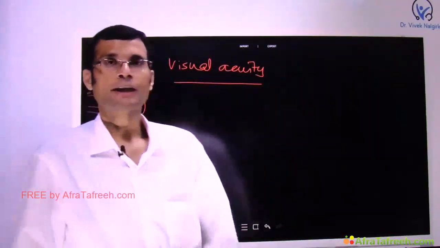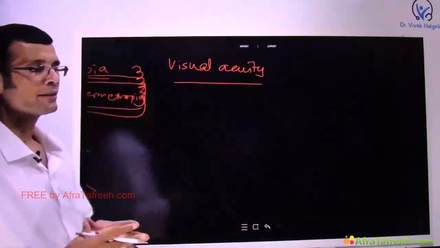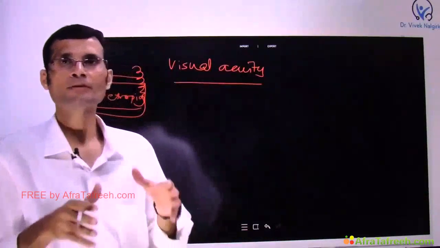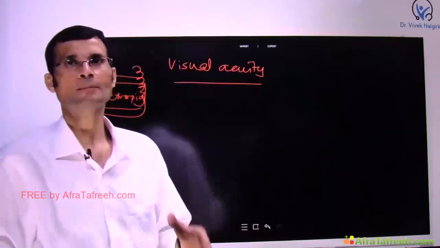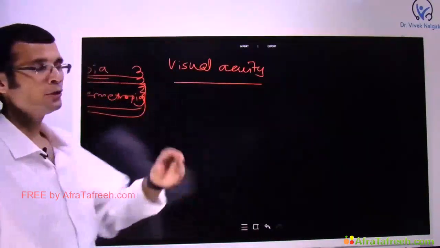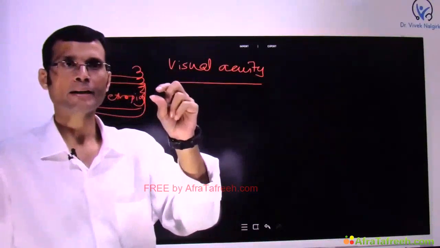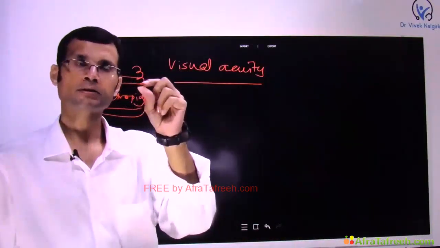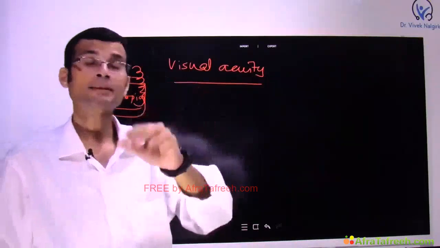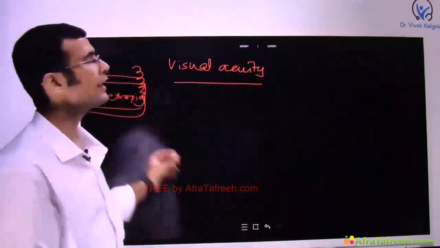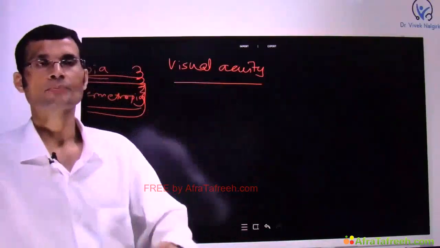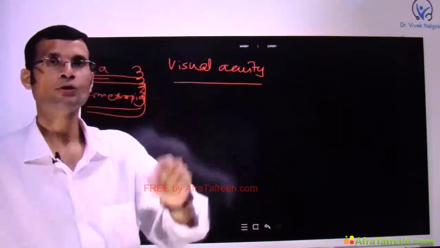What is visual acuity? Visual acuity is described in terms of minimum separable. Minimum separable means 2 points should be separated by such a minimum distance that they can be seen separately. If they come closer than that, then those two objects will not be seen clearly.